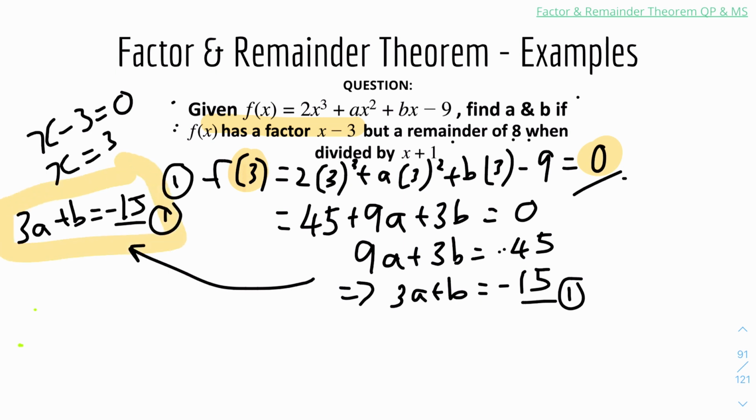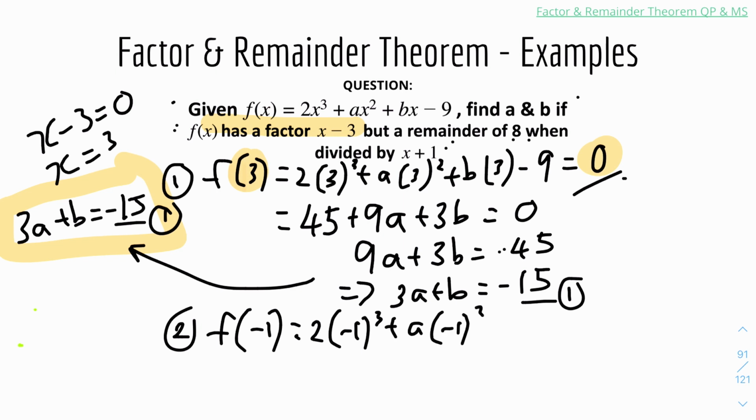Let's highlight this. And number 2. It has a remainder of 8 when divided by x plus 1. So to see what to put into the x, it will be x plus 1 equals 0, which means x is minus 1. So it will be f of minus 1 equals 2 times minus 1 cubed plus a times minus 1 squared plus b times minus 1 minus 9 equals 8. So it's equal to 8 and it's not 0.